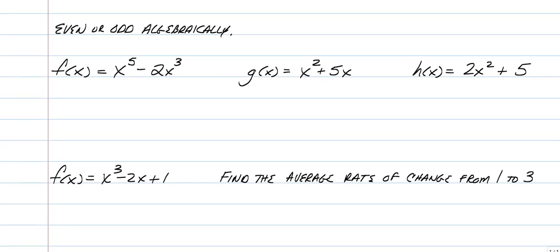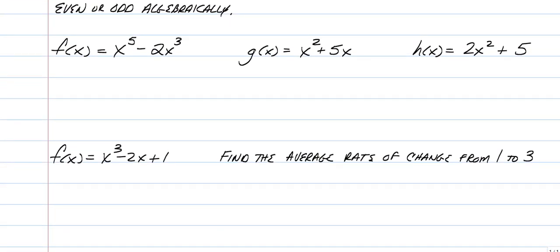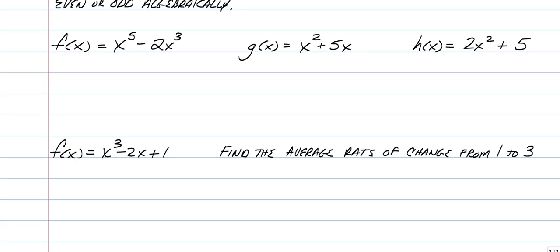It's the algebraic ones that are a little bit different, which is why we practiced composition and substitution already. So all you have to do for these to determine if it's even or odd is to substitute negative x in. So what we're doing is f of negative x, and we're going to see what it equals. So we have a negative x to the 5th power minus 2 times a negative x to the 3rd power.